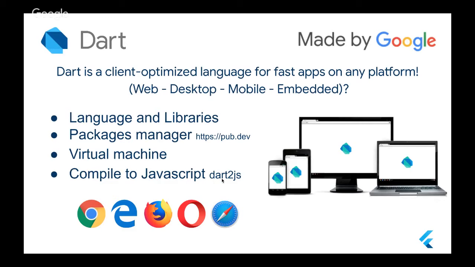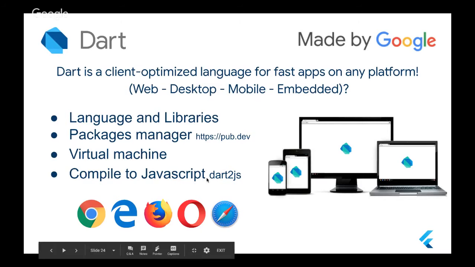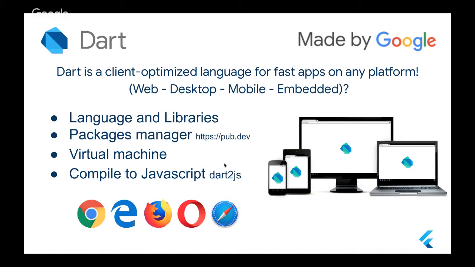Tree shaking means it checks your code for any element, variable, or library that you are not using, and removes it. For that reason, the JavaScript code you get from Dart is better than the JavaScript code you get from TypeScript or CoffeeScript. So even if you are a JavaScript developer who needs to build a high quality application with JavaScript, Dart will be the best choice for you.